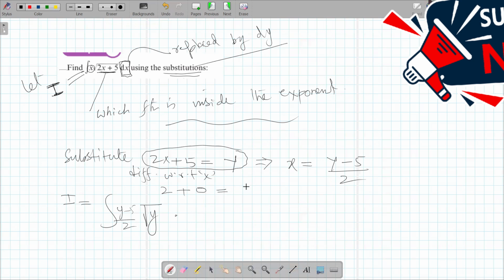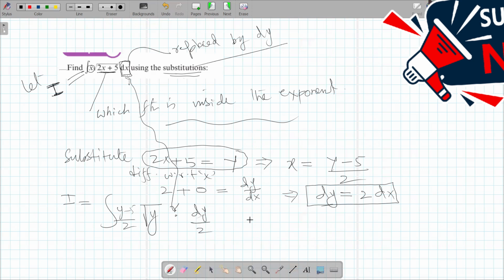What is the derivative of y? y is a function of x, so its derivative will be dy by dx. So if we determine dy from here, dy will be equal to 2 times dx. So we will put dx equal to, what?